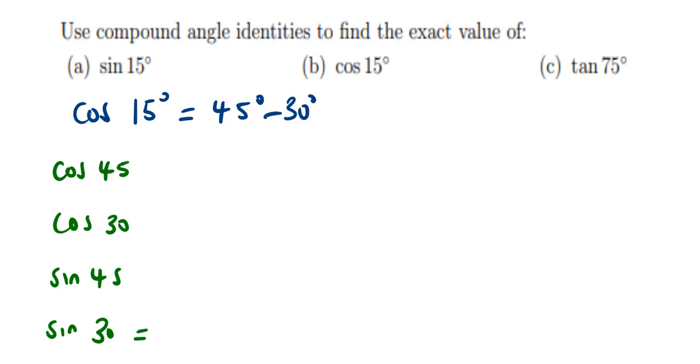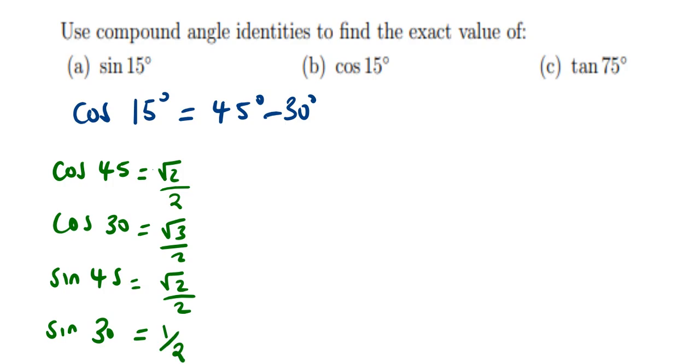Cos 45 was just root 2 over 2. Then cos 30 is root 3 over 2. Then sin 45 is the same as cos 45, which is root 2 over 2. Sin 30 is just 1 over 2.